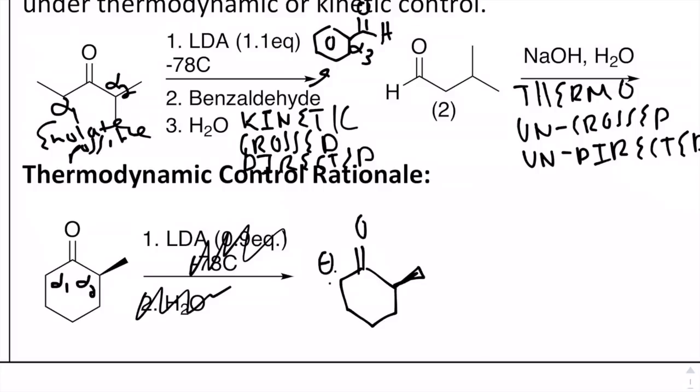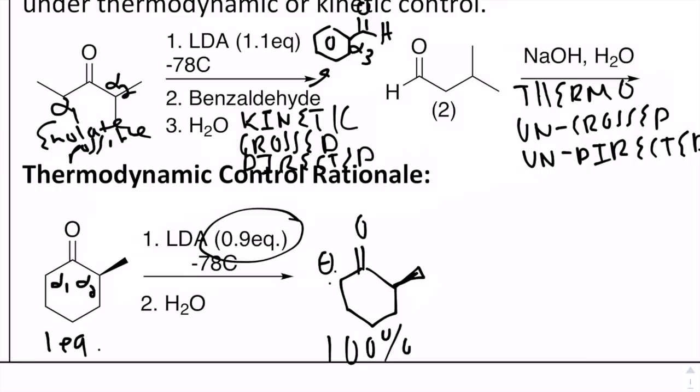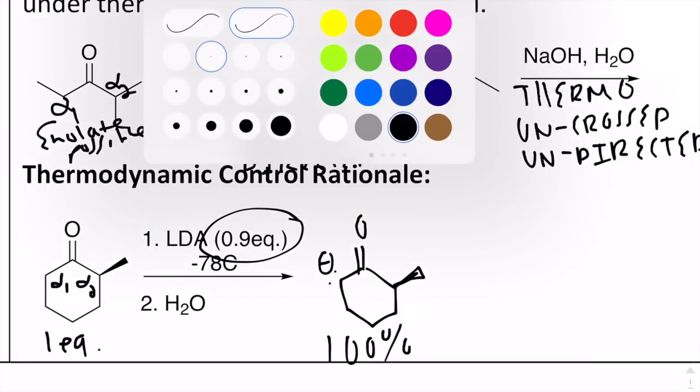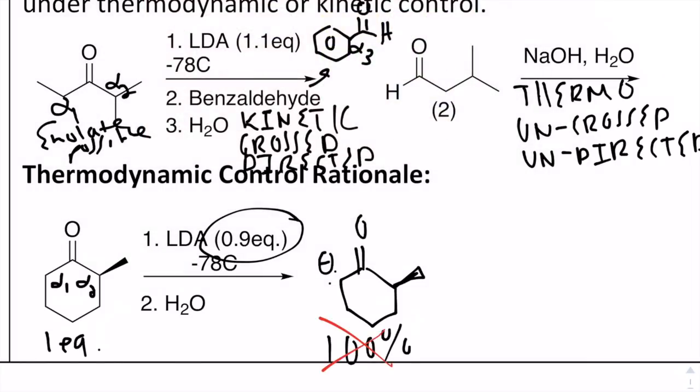Okay, so now we're going to come back to Orgo 2, and consider why the equivalence matters. It's always assumed that the reagent is one equivalent unless it's stated that there's excess or something like that. But in this situation, we have one full equivalent of ketone. In comparison, our reagent is 0.9 equivalent, so it's not the 1-to-1 ratio that we always see. So we are not getting 100% of this molecule because we only had 0.9 equivalents.